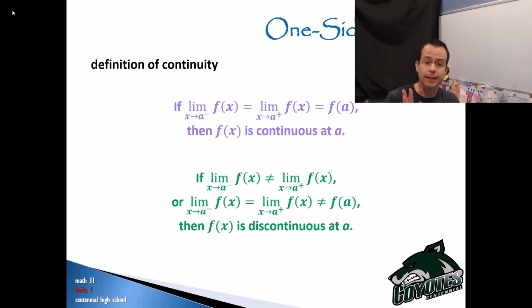If one of those doesn't happen, so if the limit on the left doesn't equal the limit on the right, I'm now paraphrasing the green that you're looking at there. If the limit on the left does not equal the limit on the right, or the limit on the left does equal the limit on the right, but they don't equal f of a, so you don't have the trifecta, then f of x is discontinuous at a, okay? That is the definition of continuity from a calculus perspective.